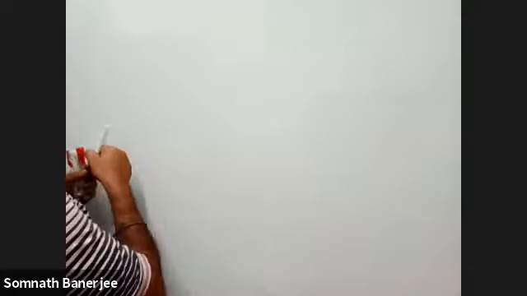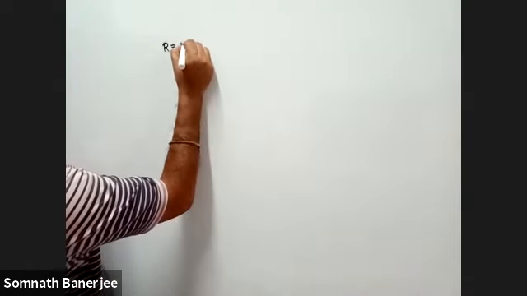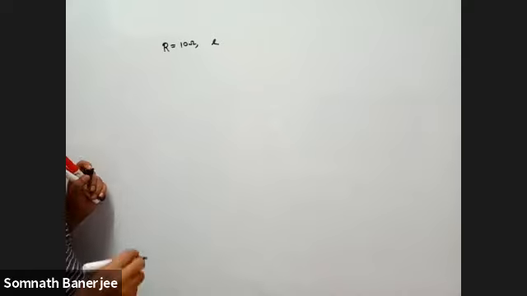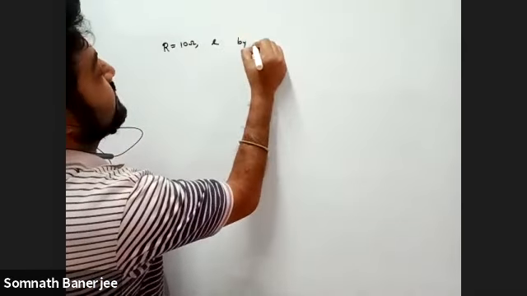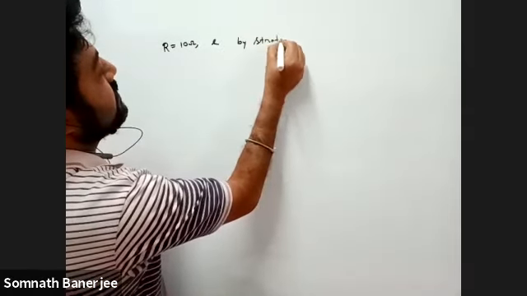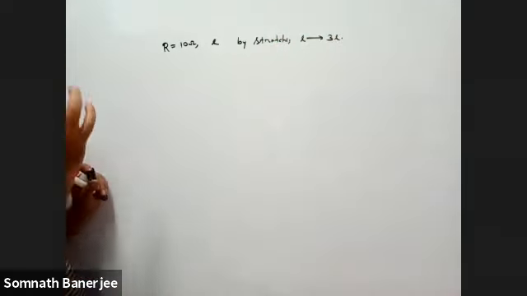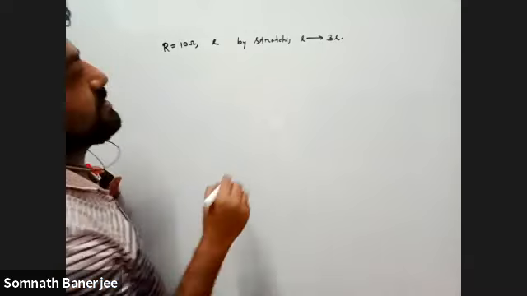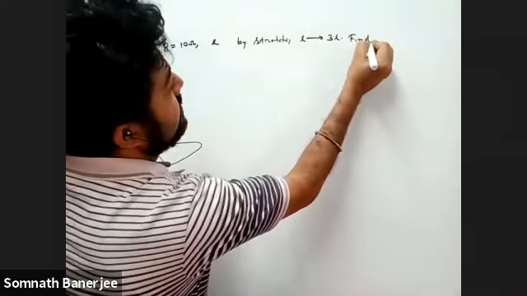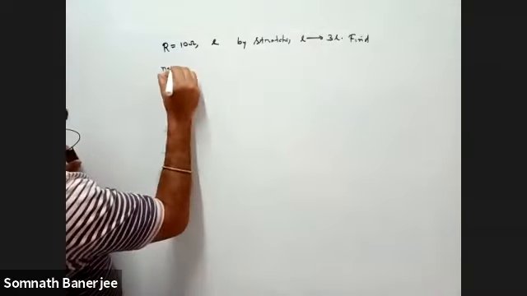Suppose the question is that a wire of resistance R, suppose 10 ohm, length is L, by stretching, L becomes 3L. And the question is to find the new resistance.